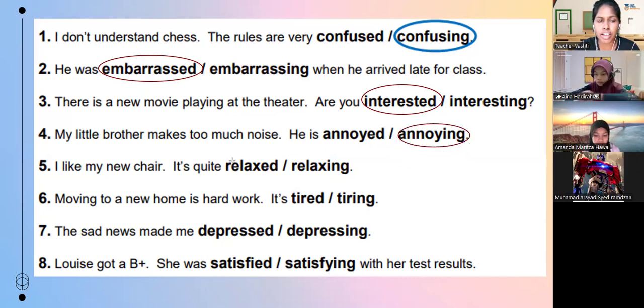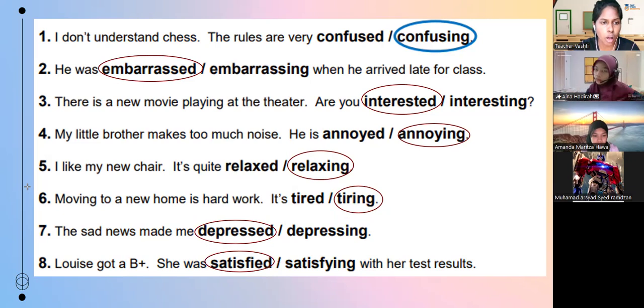Number 5, I like my new hair. It's quite relaxing. Moving to a new home is hard work. It's tiring. Number 7, the sad news made me depressed. Louis got a B+. She was satisfied with her test result. All answers are correct. Very well done.